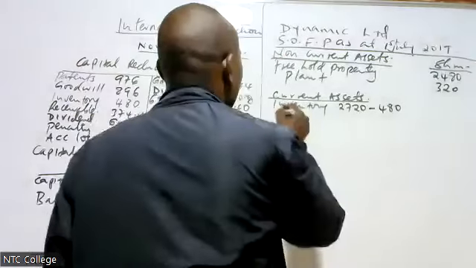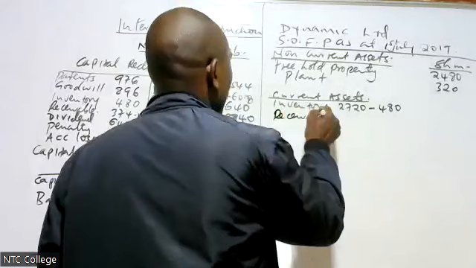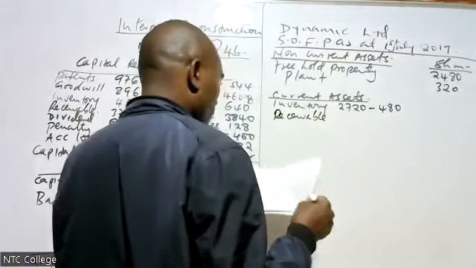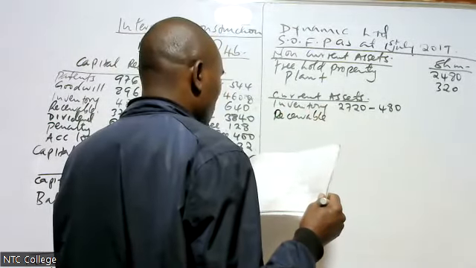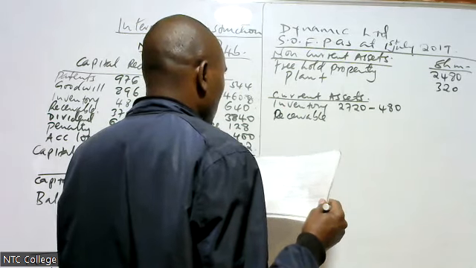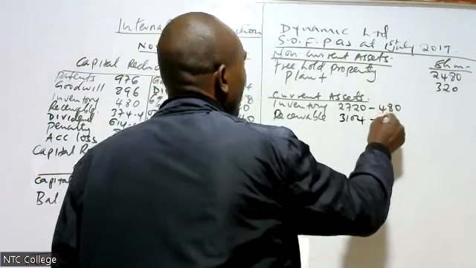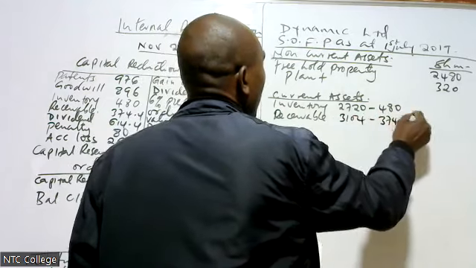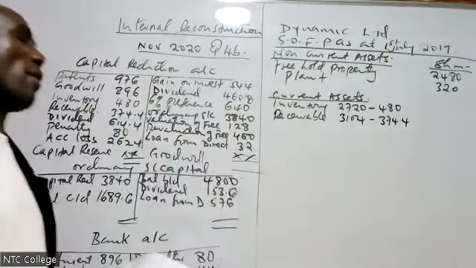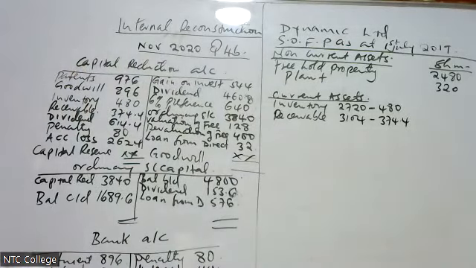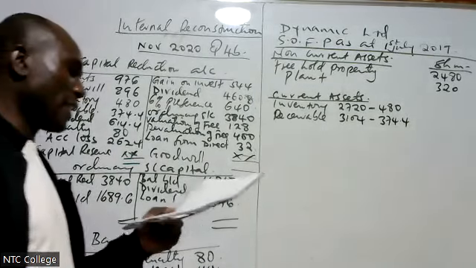Then receivable from the balance sheet, receivable is 104 minus 374.4. Remember, what will happen to receivable? We provided for bad debts, 374.4 bad debts. There is nothing else.